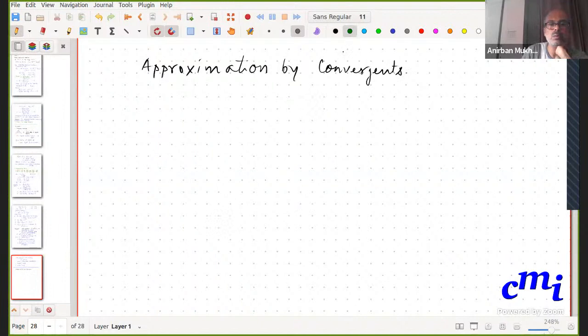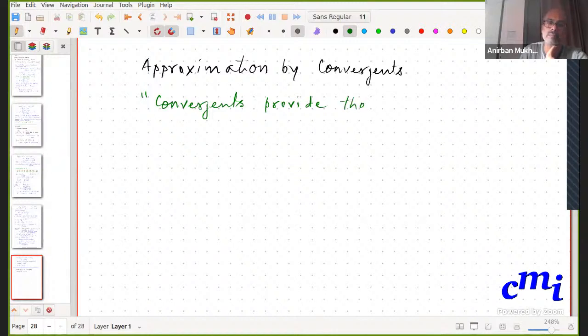So what we intend to see is the following. I'm writing it within quotes because we will define it immediately. Convergents provide the best approximation to irrational numbers.